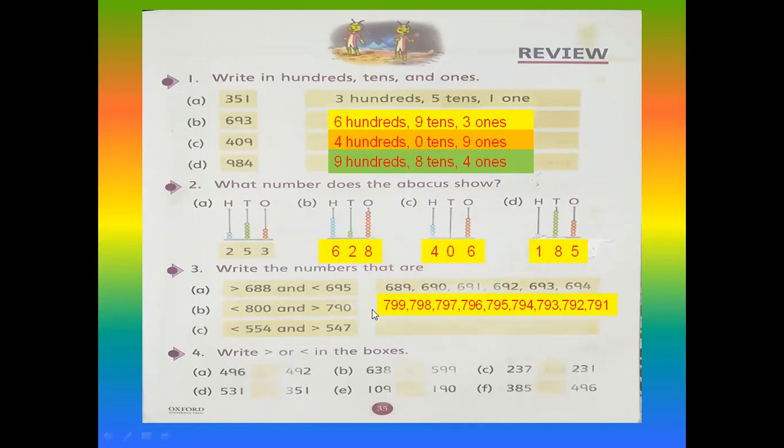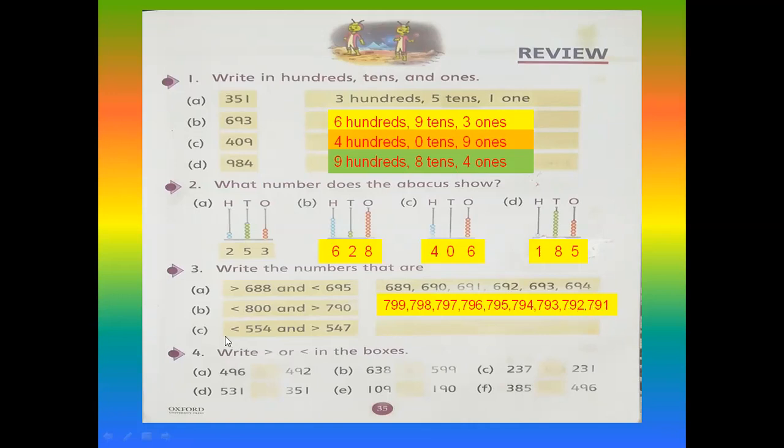Okay, less than 800 means 799. After 799, which number comes? 800. Then to come down: 798, 797, 796, 795, 794, 793, 792, 791.